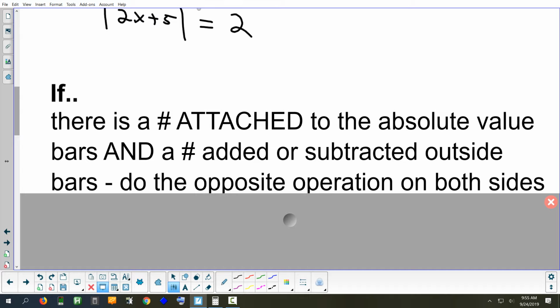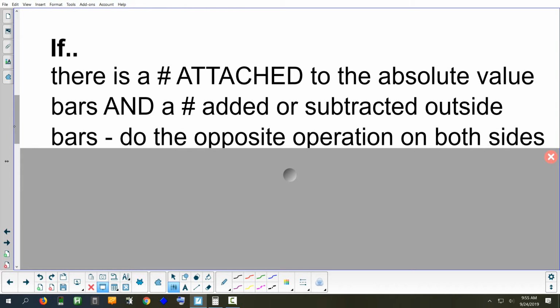So if you have a number attached, like we did before, and there's another number that's added or subtracted outside the bars. Why is attached in all caps? Just so you remember, attached. You don't have to write it in all caps. Okay? In this case, we have 2 things we have to fix. And we're going to do an example of this in a second.